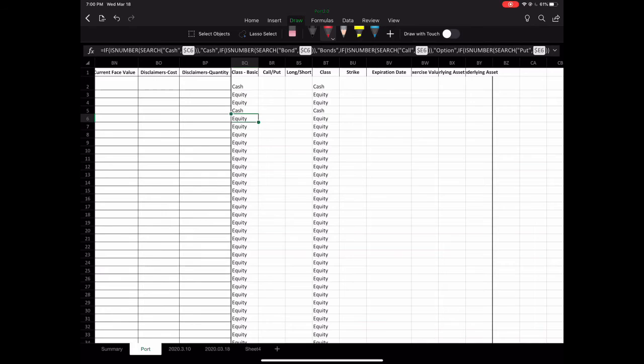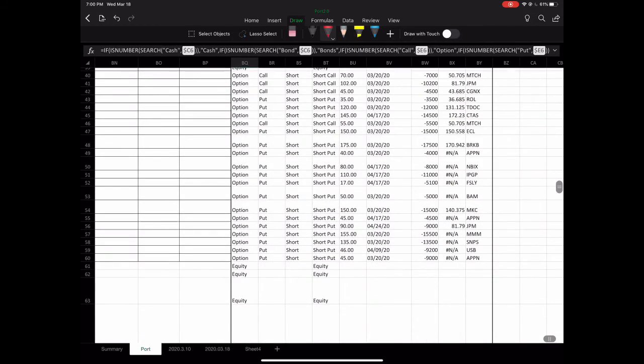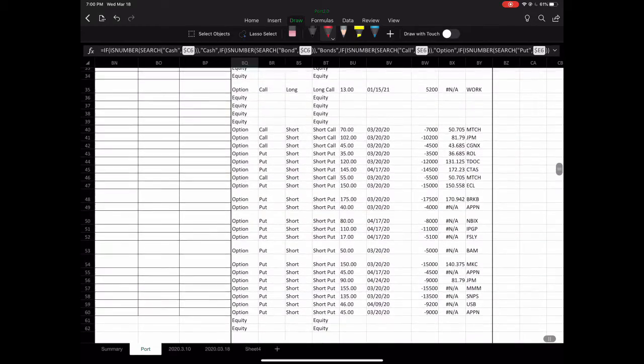Now I just want to show you a few of the formulas that I used. This first one is a real mess because it's a very complicated nested if. You can see I'm pulling out cash, and labeling whatever that is. It could be cash, it could be bonds, it could be an option. If it's an option, I'm then proceeding to the next couple columns to determine whether to label it a call or a put.